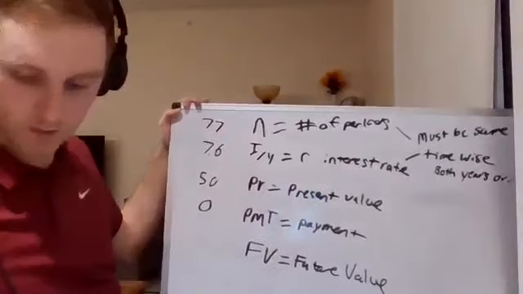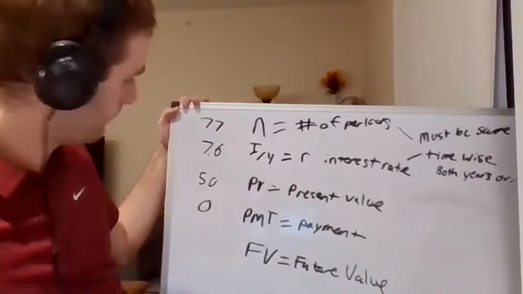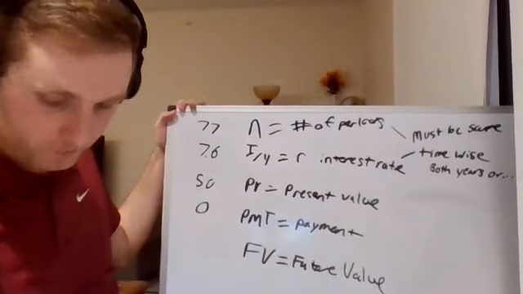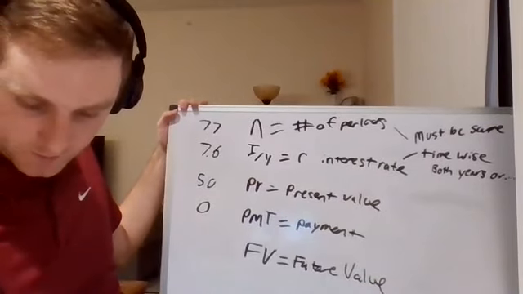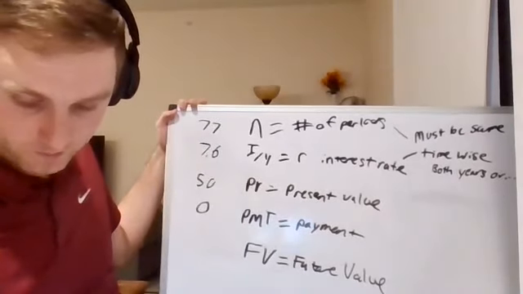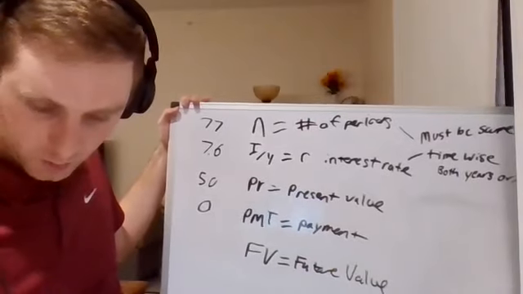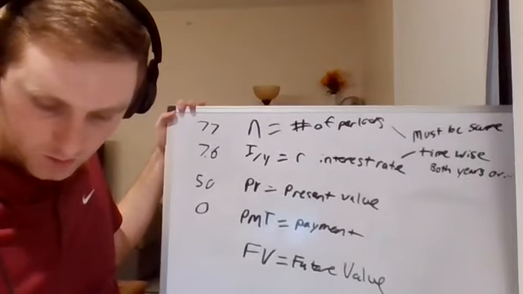They're coins. So when we put that in, 77 in N, 7.6 will be the I/Y. Present value is 50, or negative 50, and let me make sure PMT is 0.